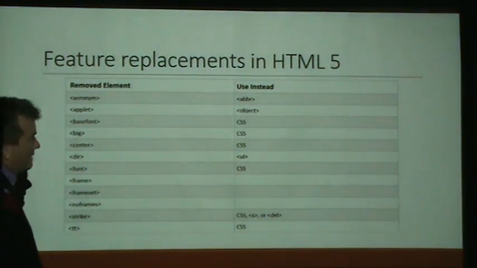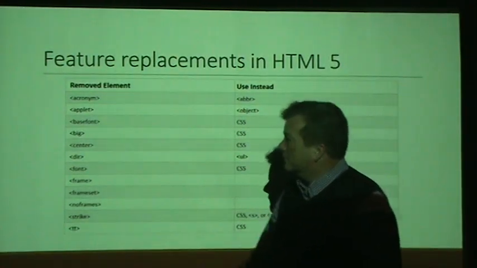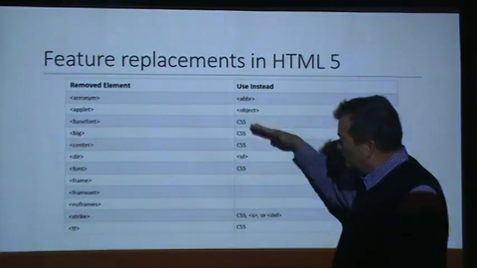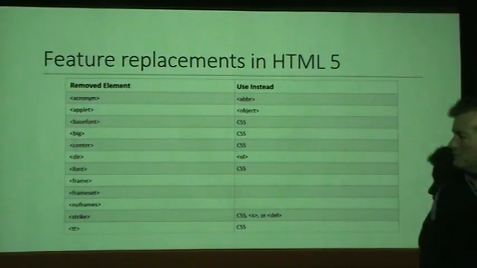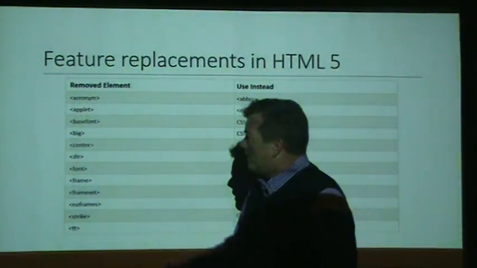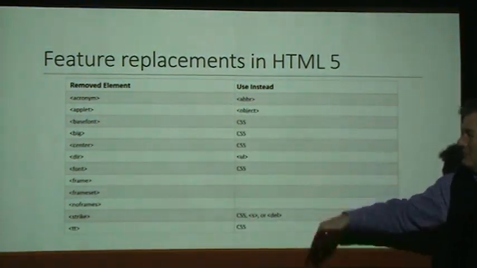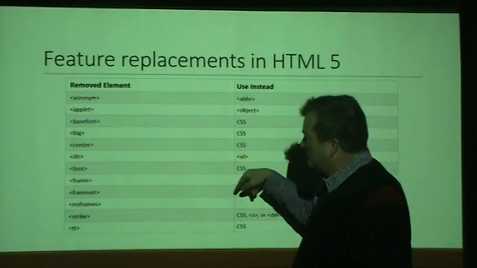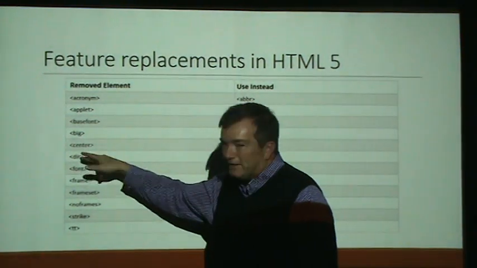So some of the things that HTML5 got rid of and found a new way to do things, or simply got rid of them, some interesting ones are in this list. So applets seem to be gone now. They're using objects. A number of things have been improved in CSS that no longer exist, like centering text on a file.